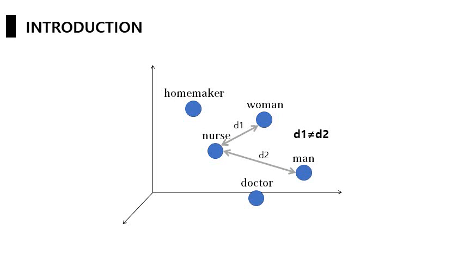In conclusion, in this paper, they propose approaches to reduce gender biases in the word embedding while preserving the useful properties of the embedding.